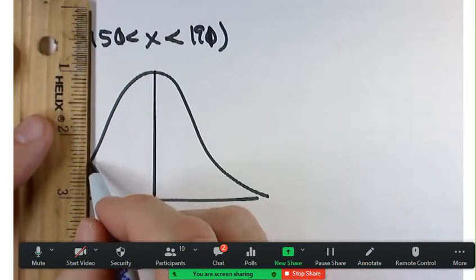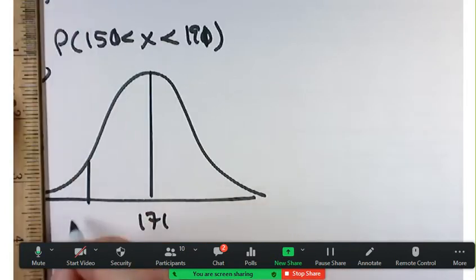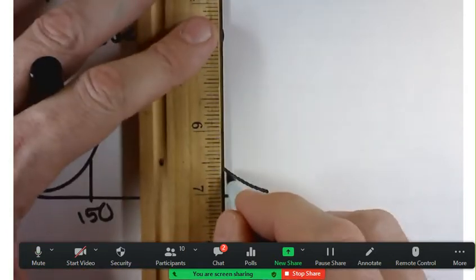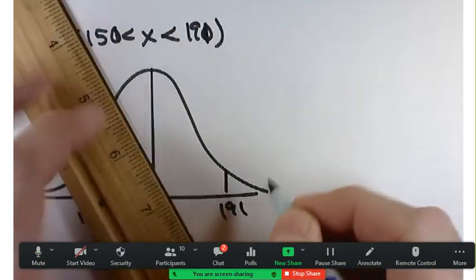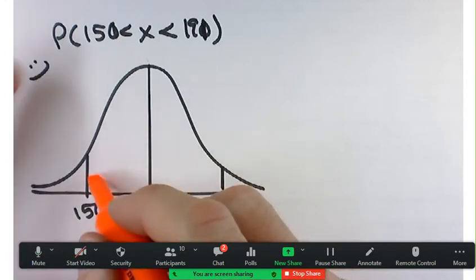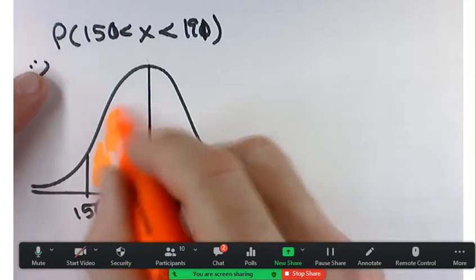And I've got a couple of values that I want to sketch in as well, 150 and 191. I want to find the area between these two points on this normal curve.